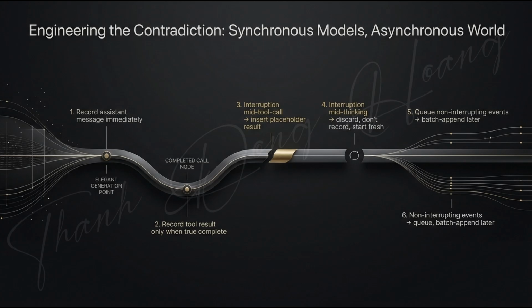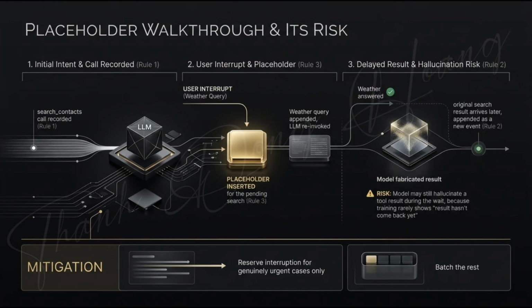And anything that isn't urgent goes into a queue and gets appended in a batch later. The goal, under normal conditions, is to keep everything looking like a clean, perfectly paired conversation, because that's exactly what the model was trained to expect. The placeholder is a deliberate compromise, used only when a genuine interruption happens.